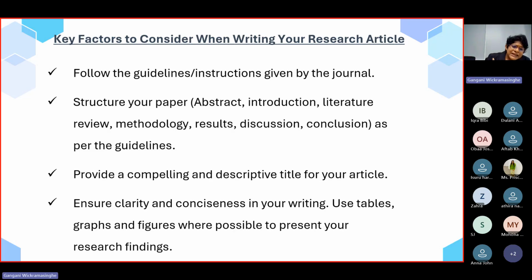Then the next most important thing is clarity and conciseness in your writing. When the peer reviewers look at your article, all the points have to be very clear to them. Otherwise, they will be sending it back for minor or major modifications, saying that these sentences have to be changed, or these facts have to be changed because it is not clear.